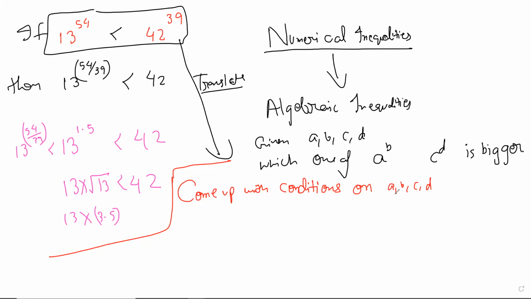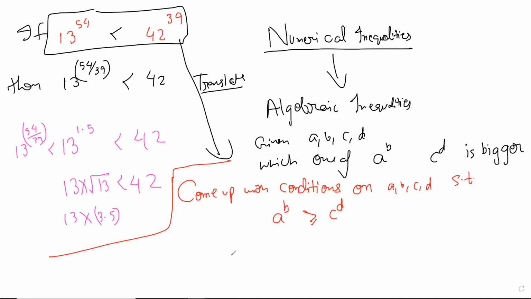And that's an interesting thing, because you come up with conditions such that A to the power B is bigger. Let's keep this. There's no problem in this, right? The other way, you can just take the opposite condition. So come up with conditions on A, B, C, and D such that this happens. Maybe you can put equal to.